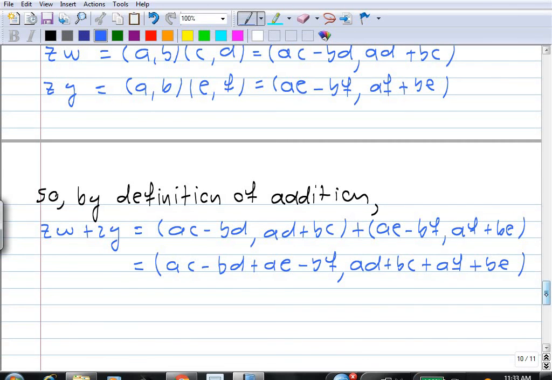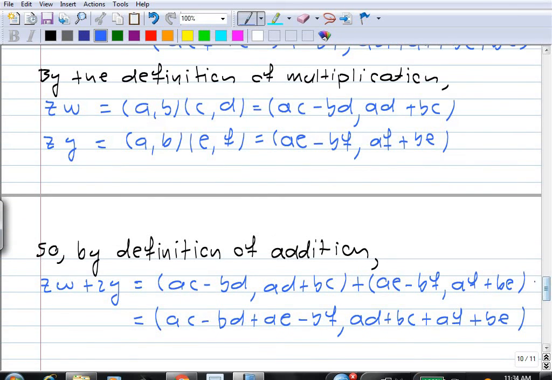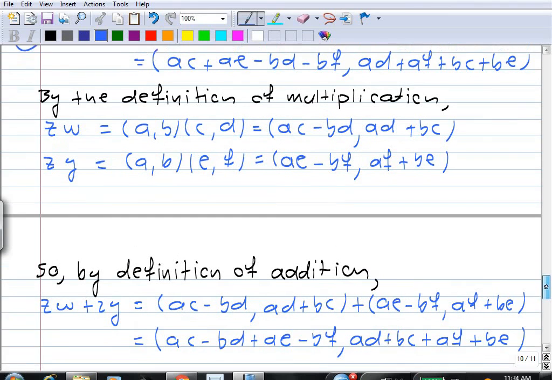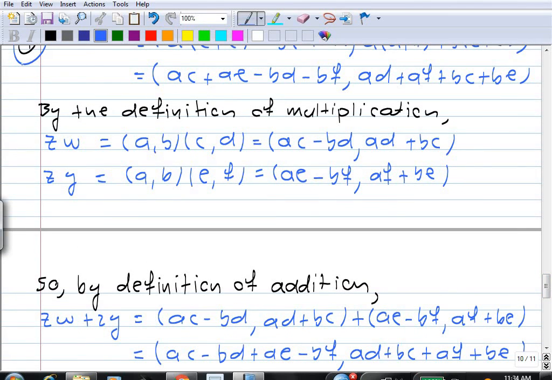So now let's see. If we go back and look at what we have here for Z times (W plus Y), we've got AC, AC, AE, AE, minus BD, minus BD, minus BF, minus BF. So the real parts are equal.